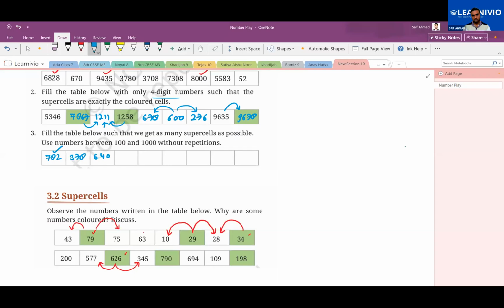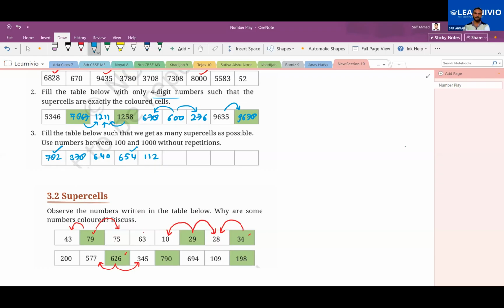Fourth 654. Fifth 112. Now 654 will be colored. Okay.